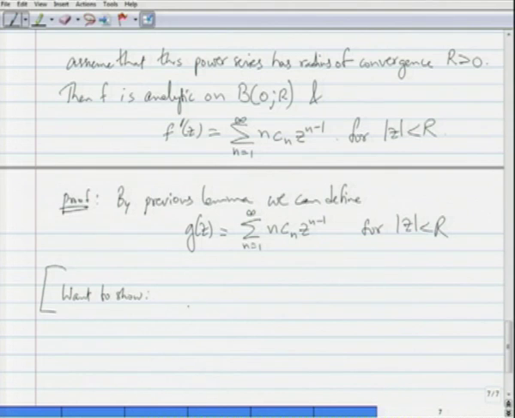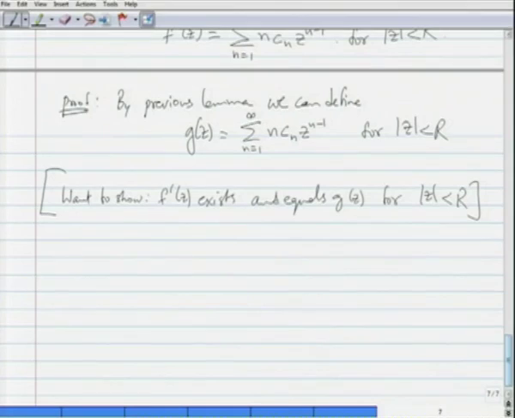So, we want to show that f prime of z exists and equals g of z within the disk of convergence. Okay. So, then what we need to do is actually estimate the difference of the difference quotient of f and the function g of z.